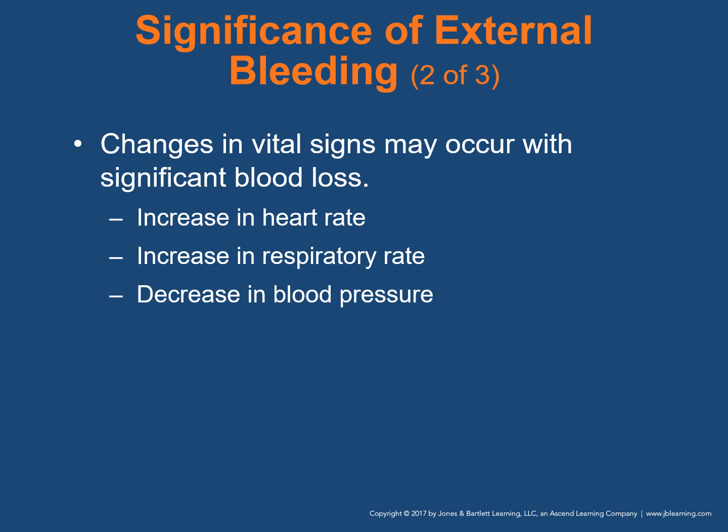Because infants and children have less blood volume to begin with, it takes less blood for them before we start to see those signs and symptoms. So understand again, 20% of the body's blood volume is significant. So that's actually going to be less in our infants and children than it is in our adult patients.